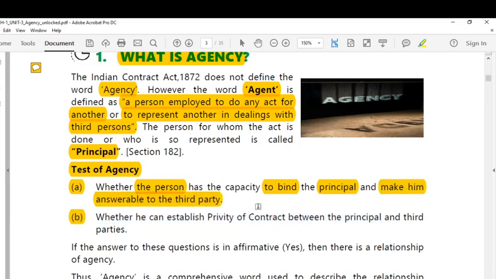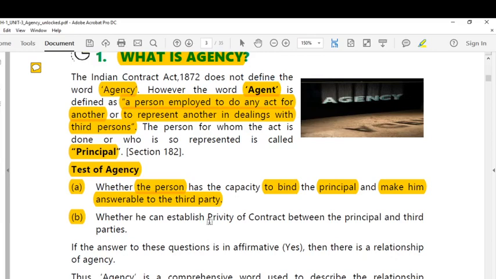So whether the person has the capacity to bind the principal and make him answerable to the third party is the first test, because the agent always acts on behalf of a principal, and unless the principal is bound to the third party by the actions of the agent, there could not be any agency. So that is the reason the first test should be satisfied.